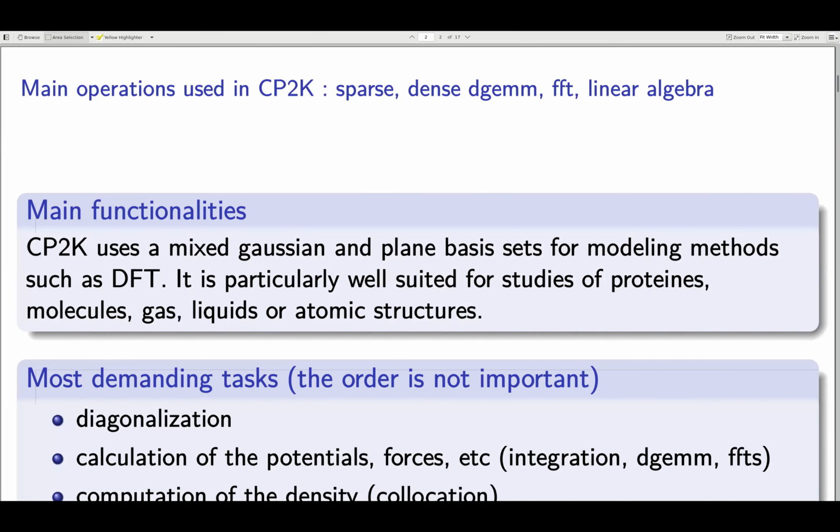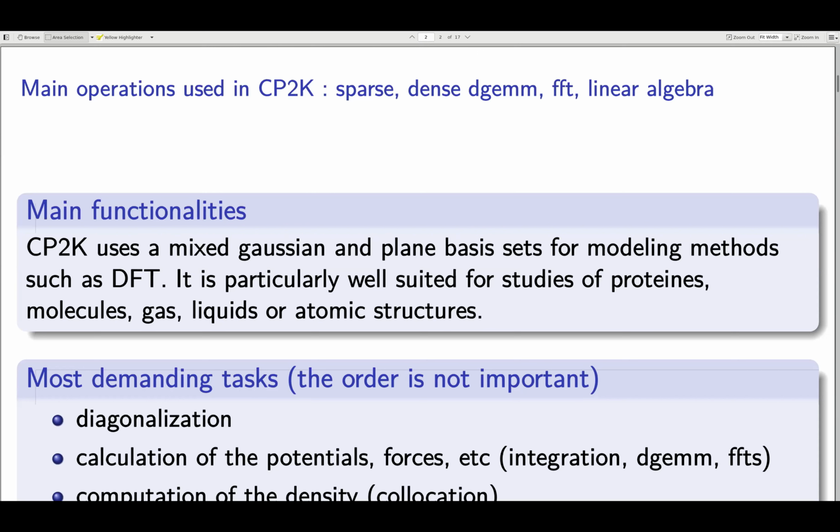So first of all, we have to identify what are the main operations that are used in CP2K. As the two previous speakers already mentioned, they didn't really say it, but they guessed what CP2K is. CP2K is a DFT code that uses a mix between Gaussian and plane wave basis sets for modeling DFT.